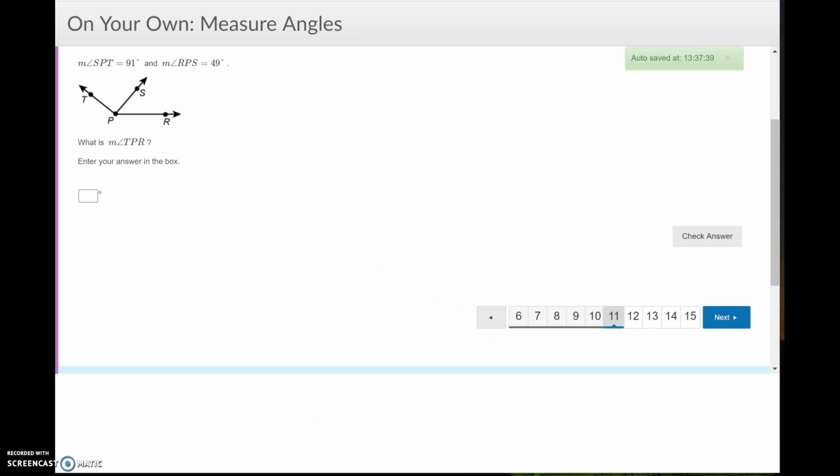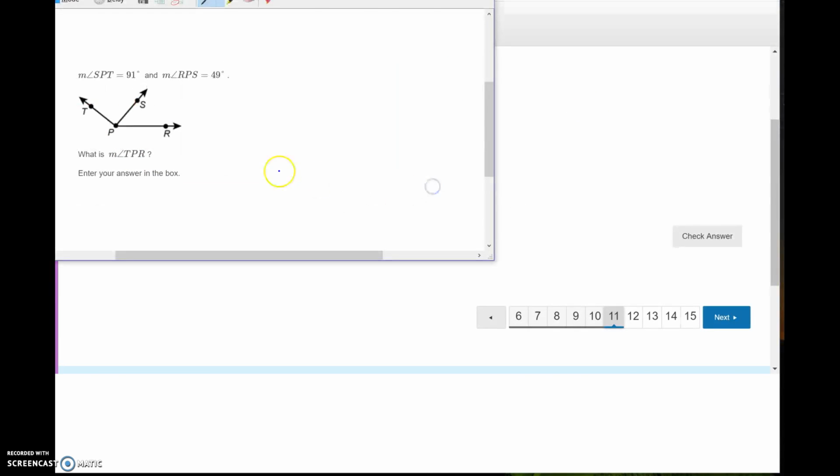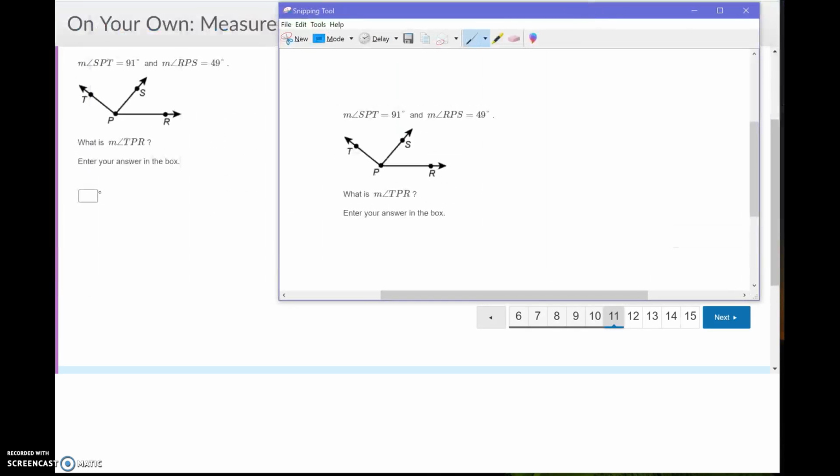All right, let's take a snip so we can write all over this. All right, so angle SPT is 91, and the measure of RPS is 49. And what is the measure of TPR?